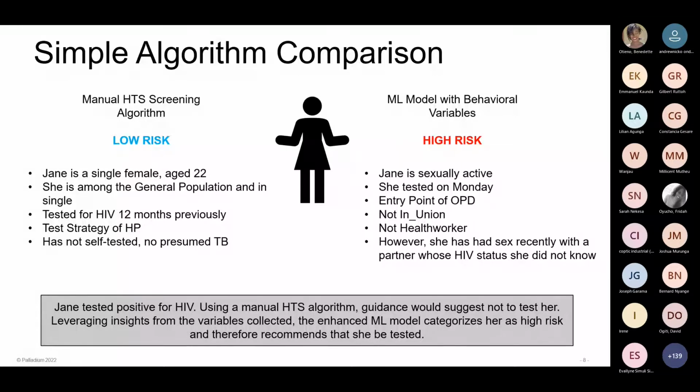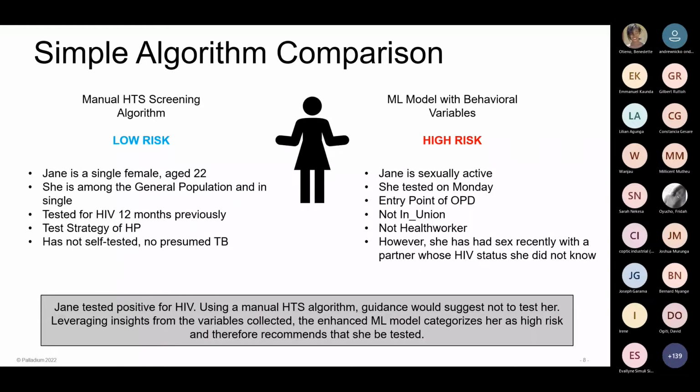Typically from the manual algorithm, with this kind of profile of Jane as a single female, age 22, who is from the general population, who last tested 12 months previously, coming to the hospital and has not self-tested and has no presumed TB, in most cases the manual algorithm will classify this particular client as low risk, and in that case, just send them away.